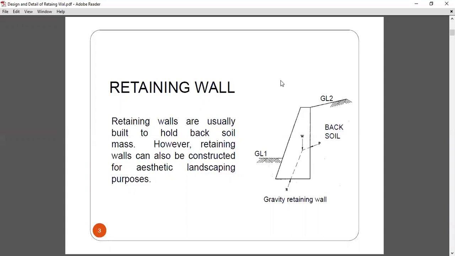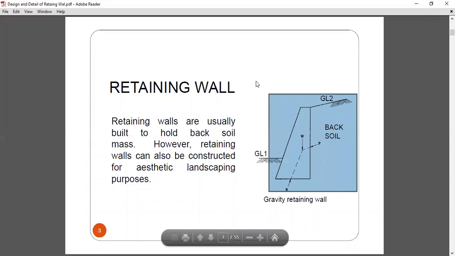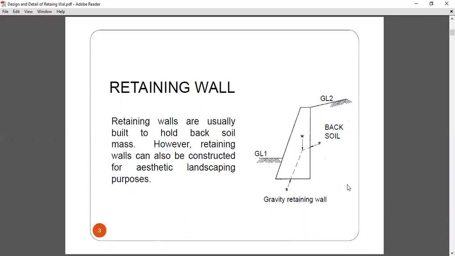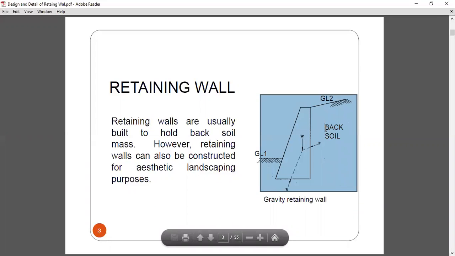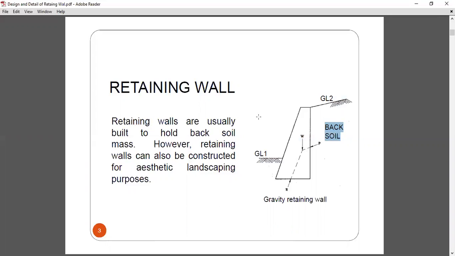Here is a general drawing of a retaining wall which I marked. This is the backfill, and this is the ground on which we don't want that soil.